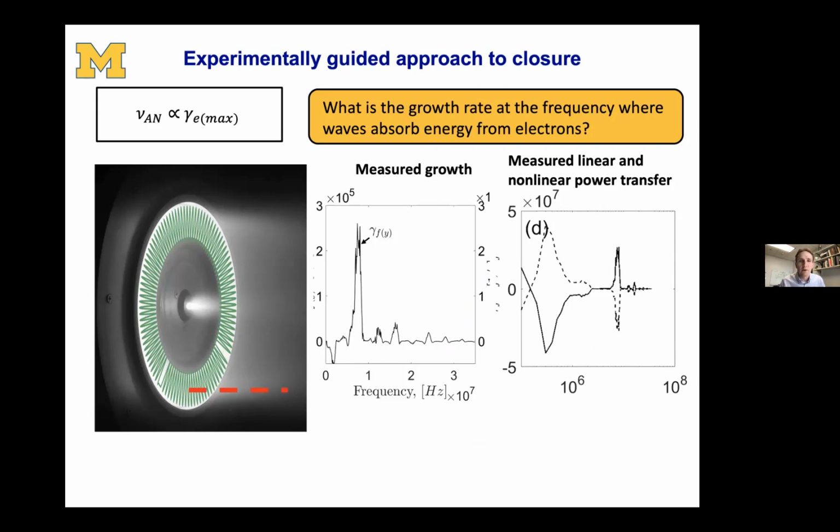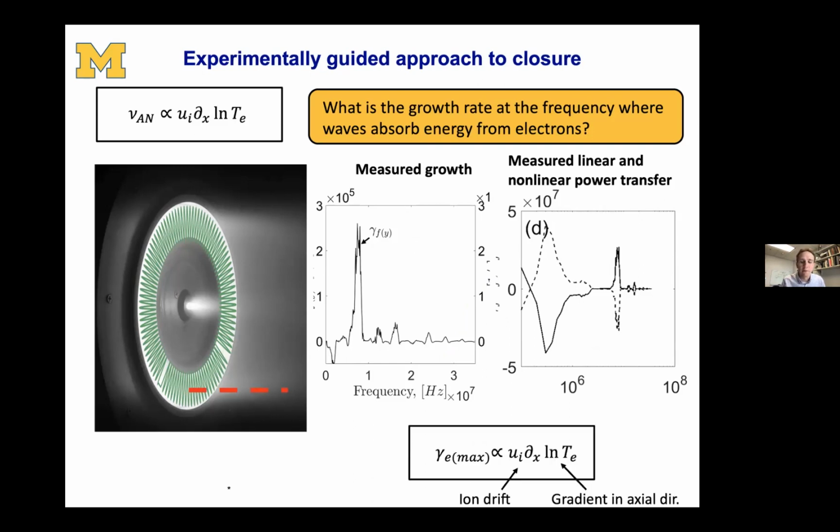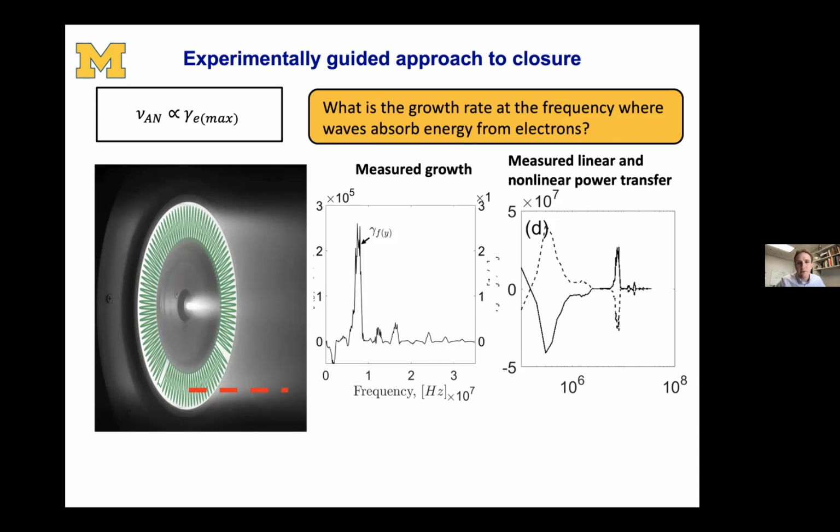So it kind of invites into question, how do you model that effective growth rate? And one thing I'll just point out from this slide is that when we do these measurements, we can contrast the linear growth, which is shown as the black curve, and the nonlinear growth, which is shown as the dashed curve.